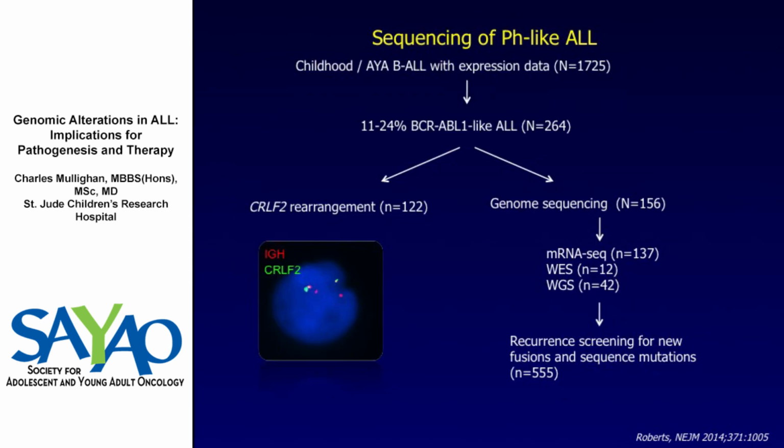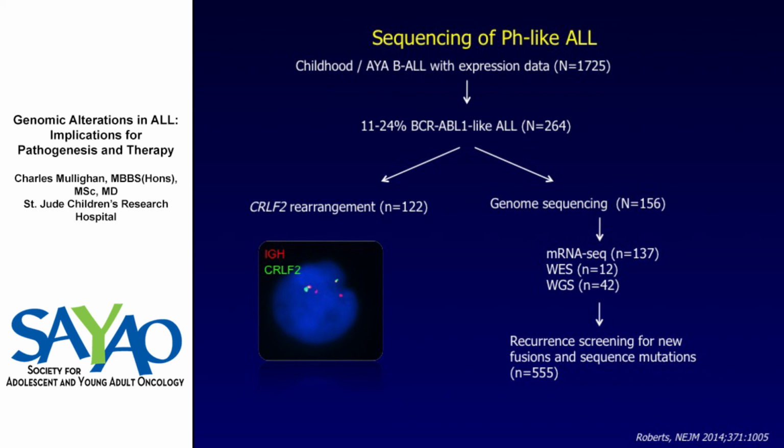So if we come back to the present and our completed study, so after identifying these PH-like cases across this cohort and then taking out the CRLF2 rearranged cases which were identified by candidate assays or FISH, we then subjected the remaining cases, over 150, to some level of genomic profiling, most commonly RNA sequencing, but also in a smaller number of cases, exome and or whole genome sequencing to try and comprehensively define the genomic landscape of these cases.